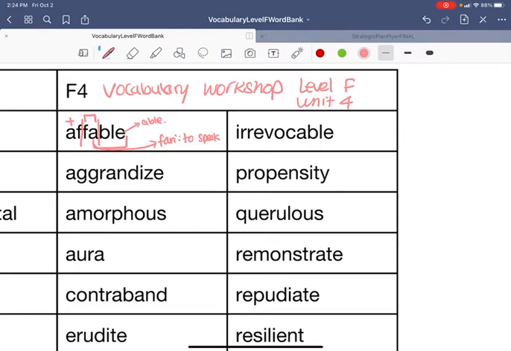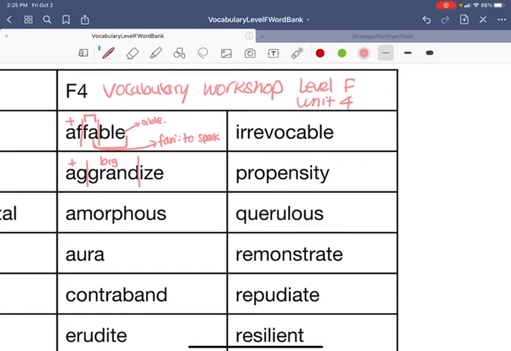Okay, let's go over the next word, which is aggrandize. The prefix ag also is positive towards the main meaning, and here is grand. It's a Latin word, I don't know how to say it, maybe grandis, and it means big or large.